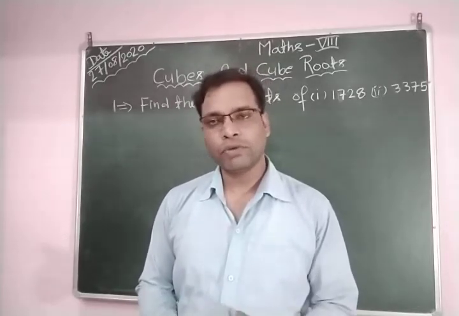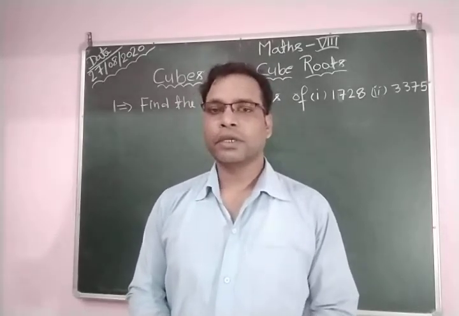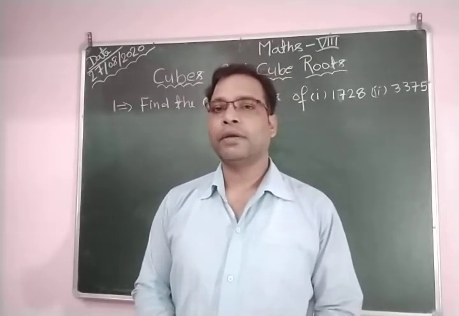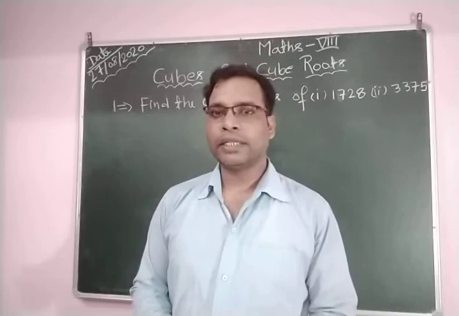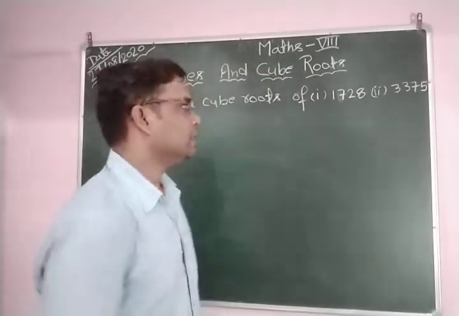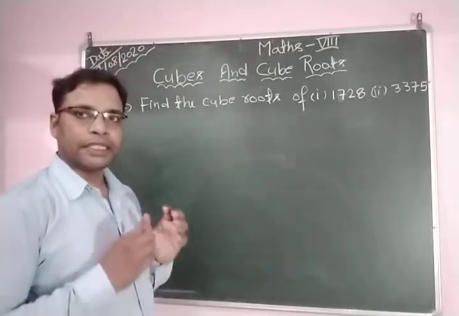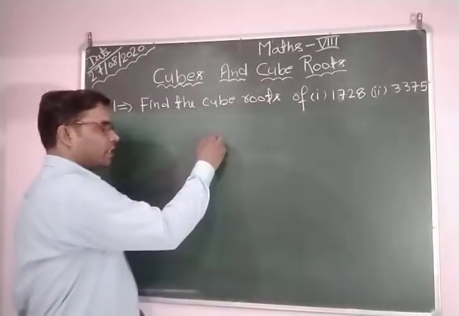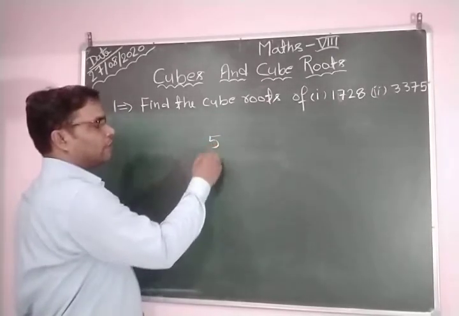So what is a cube? You know very well that the cube of a number is the product of the number by itself three times. If you find the cube of any number, you multiply the number by itself three times. Suppose you need to find the cube of 5.